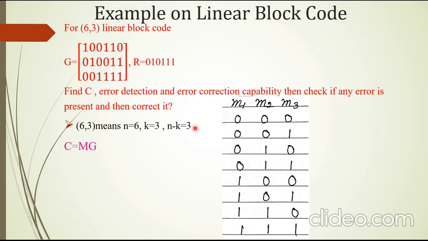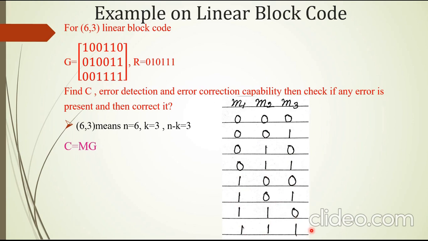I can write M1, M2, M3 as these 8 combinations: 000, 001, 010, 011, 100, 101, 110 and 111.